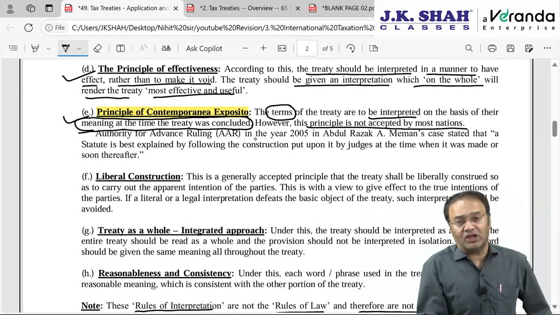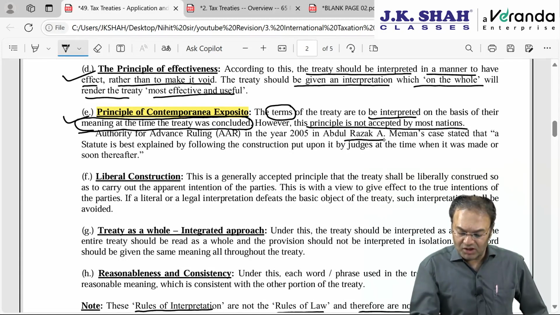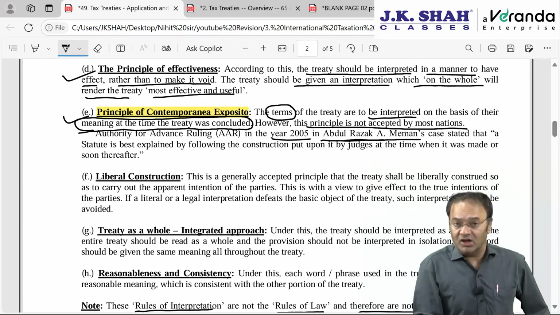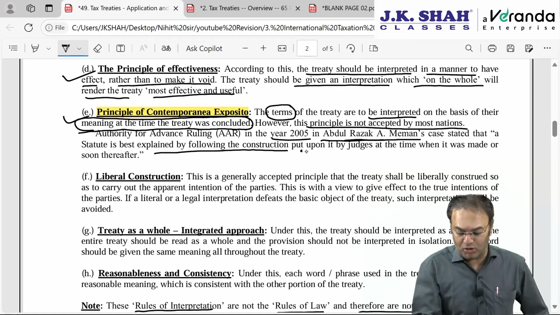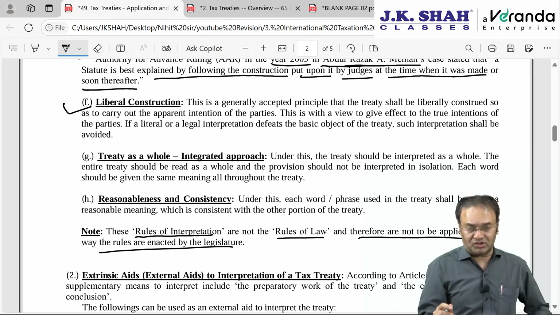Even in one case, the Authority for Advance Ruling, which is now the Board for Advance Ruling, in Abdul Razak Memon's case in 2005, AAR stated that the treaty or the statute is best understood by following the construction put upon it by the judges at the time when the treaty was made or soon thereafter. Not only treaty, any law. Liberal construction, that is liberal meaning.